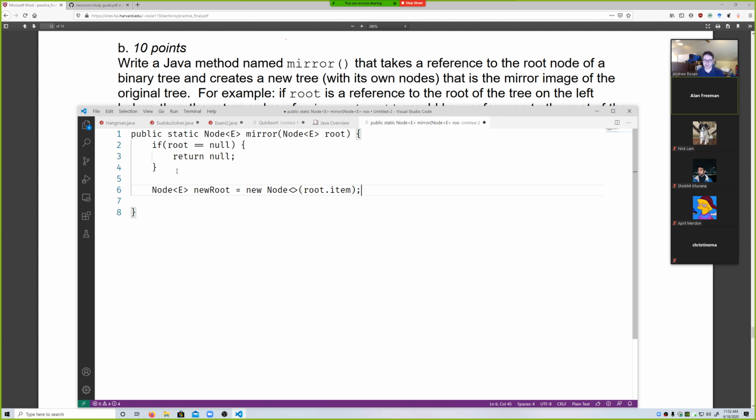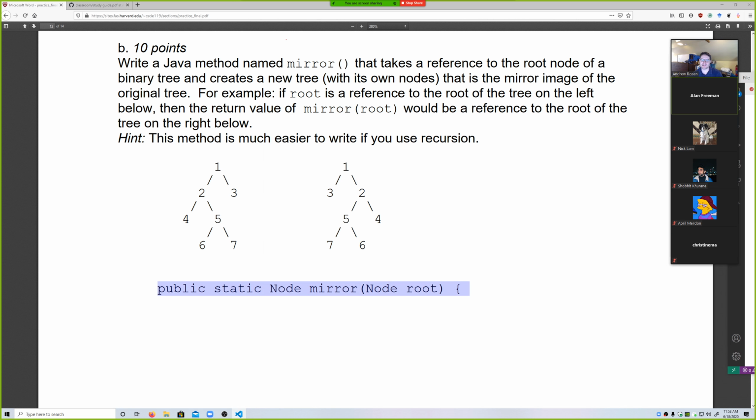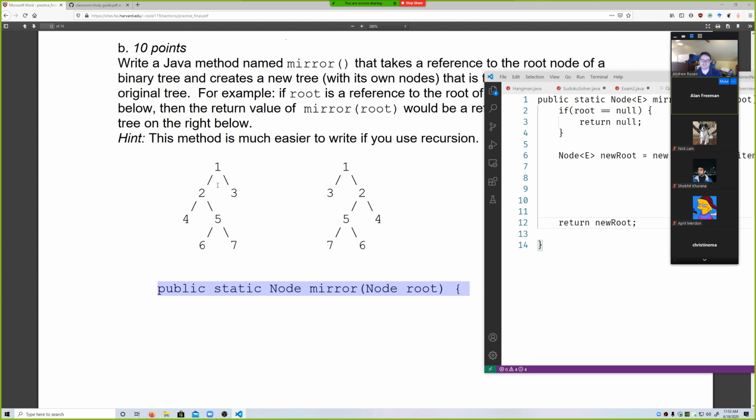Taking the item, it's got to have its own copy of it. And then at the end of this, we're going to return newRoot because it's going to be the root of that tree or subtree. Make sense? So now we need to reflect the left and the right, which is pretty easy.